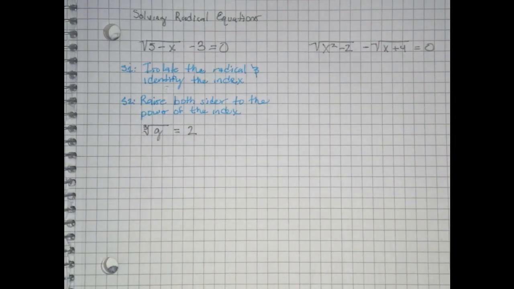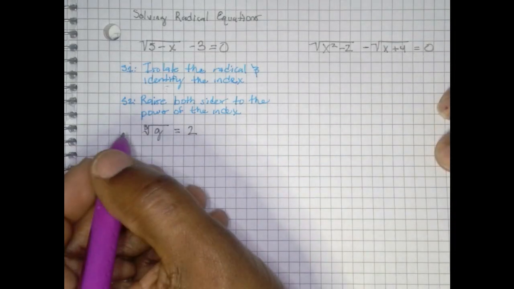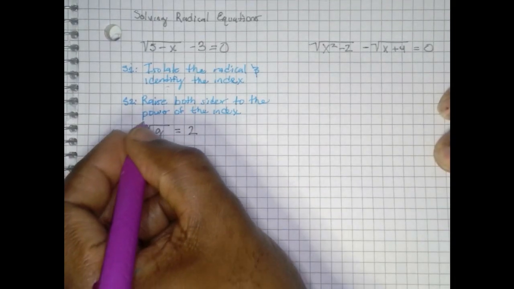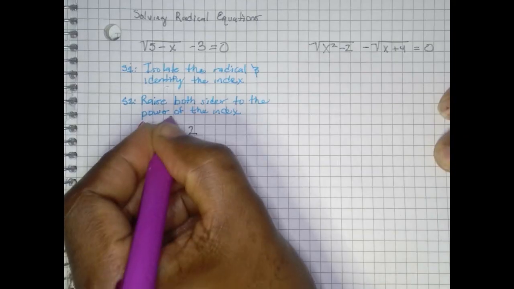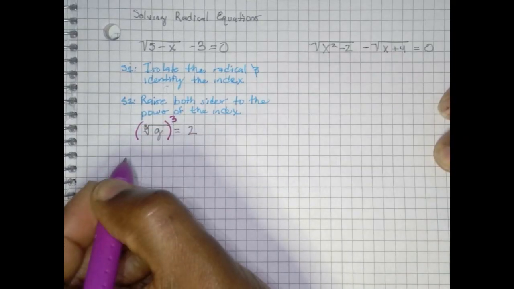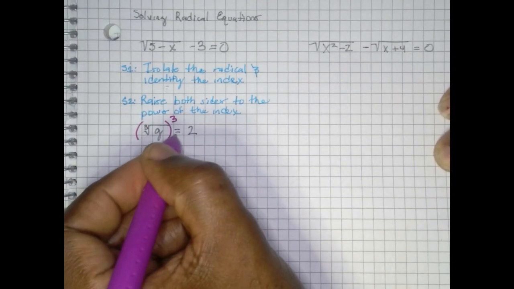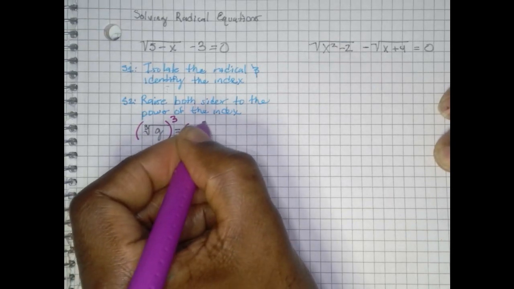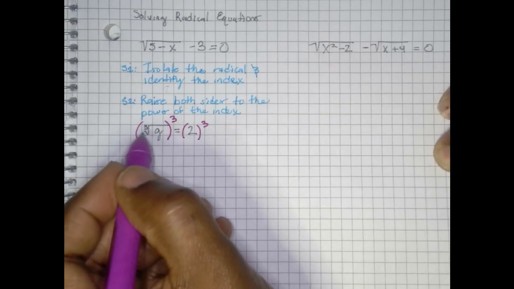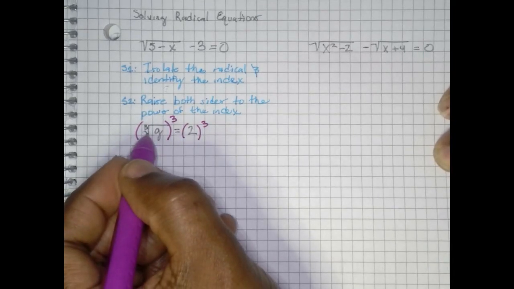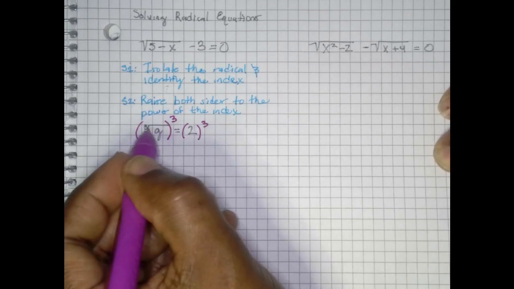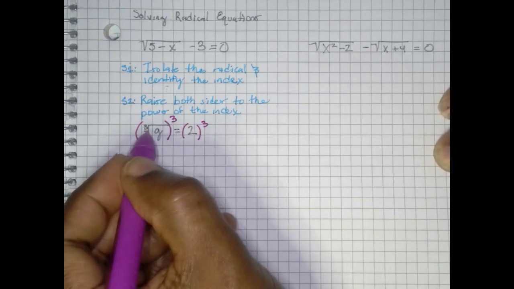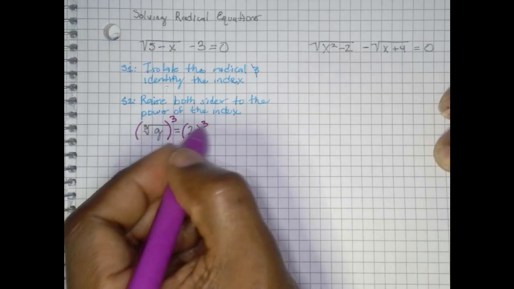So if that's the cube root, the way I could counter that cube root is by raising both sides to its index. Whatever you do on one side, you do to the other side. Look at the index. If that's a cube root, you take it to the cube power, or a third root, take it to the third power. Then you do that on both sides.